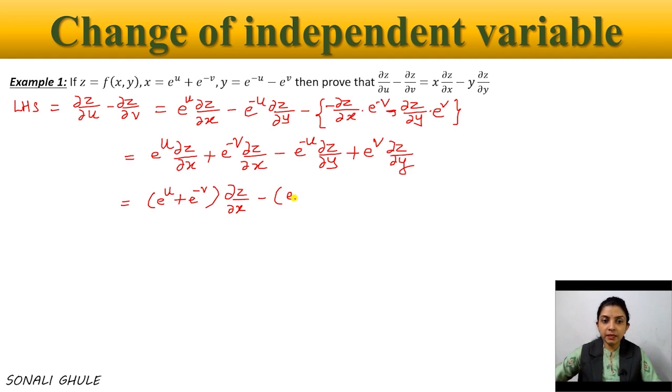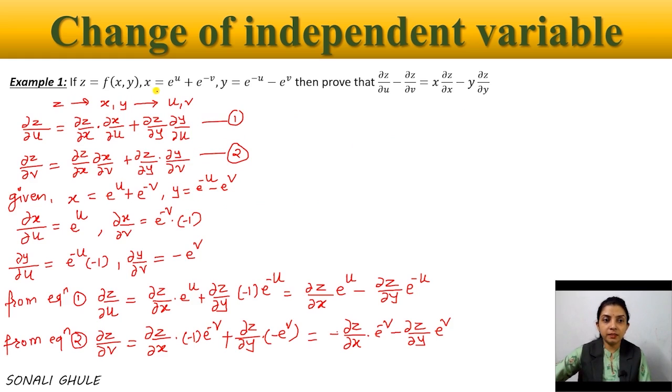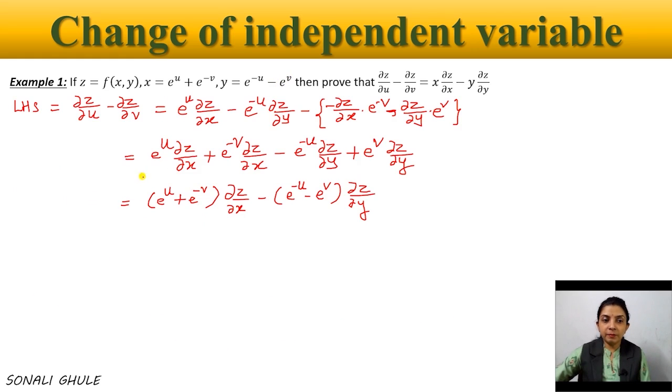What is remaining then? e to the power minus u minus e to the power v dou z by dou y. But e to the power u plus e to the power minus v, it is the value of x here. You can see e to the power u plus e to the power minus v, that is x, and e to the power minus u minus e to the power v, that is y. So simply I can replace these values by x and y.